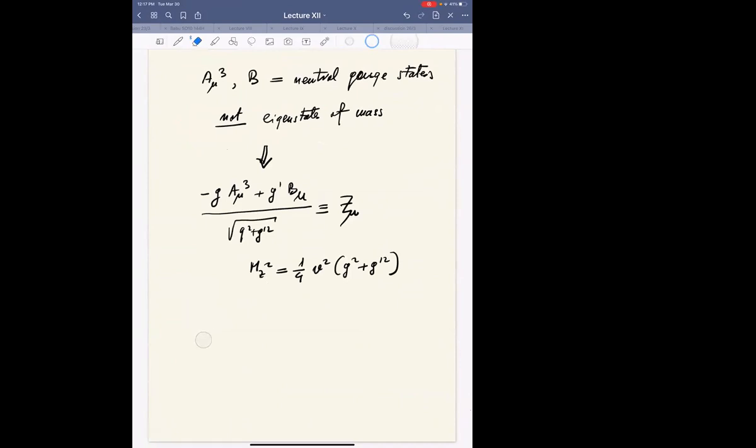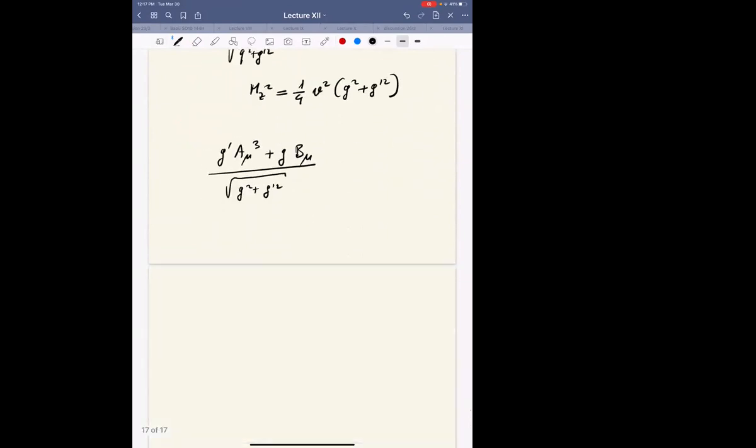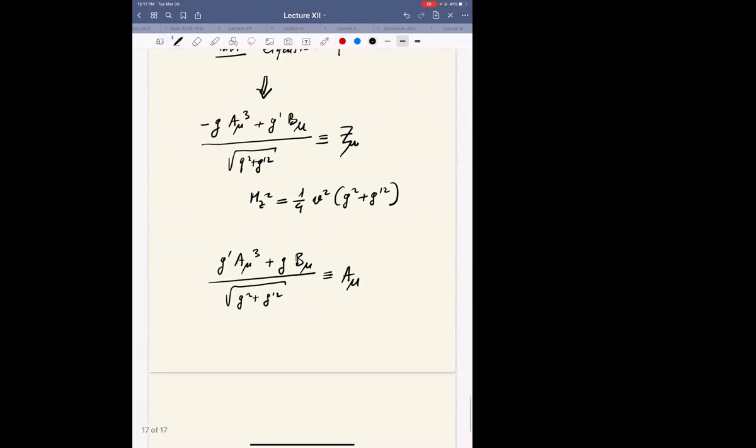There is another linear combination that I call A mu, which must be orthogonal, with mA equal to 0.